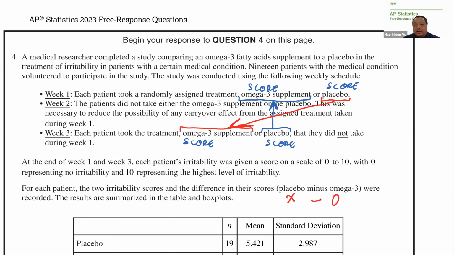So you go X minus 0, you end up with X, which is a positive number. For example, you could start out with maximum irritability, and omega-3 cures you. 10 minus 0 is equal to 10, which is a positive number. So if the omega-3 works, the difference in scores should be positive.